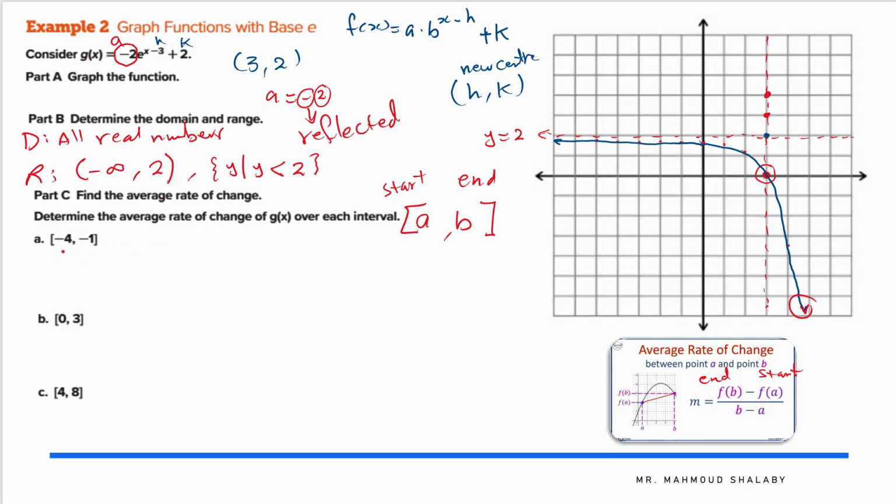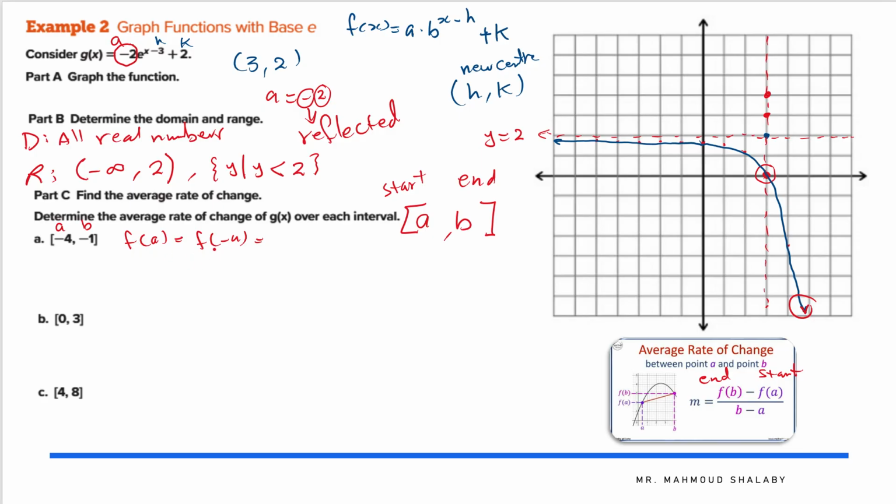Which means to solve this, I will write on the top here a, and here I will write b. So what I need to calculate now to be able to solve this: I know the values of a and b now. I still need to find the values of f of b and f of a. So I will find f of a, which means I will replace a with the value -4, which means f of -4.